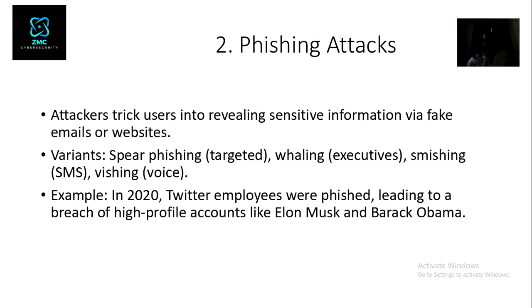Then we have variants: spear phishing, which is targeted phishing aimed at specific individuals; whaling, which targets executives; smishing, which is SMS phishing; and vishing, which is voice phishing, whereby someone is talking to you via communication. An example was in 2020 where Twitter employees were phished, leading to a breach of high-profile accounts like Elon Musk and Barack Obama. That's serious.